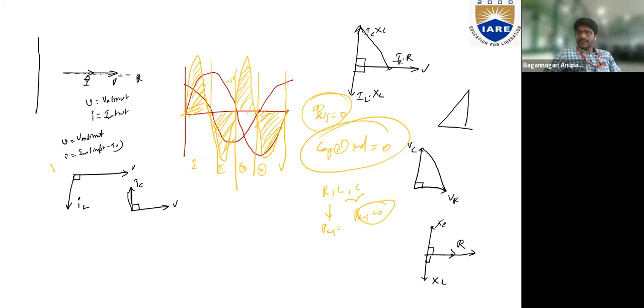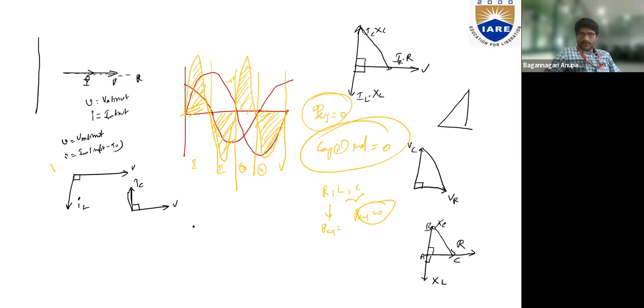Now, if I join these two, the triangle ABC that is formed is called an impedance triangle. What do you mean by impedance triangle? It is the representation of all the terms R, XL, XC. So now we can derive some equations from it as well.